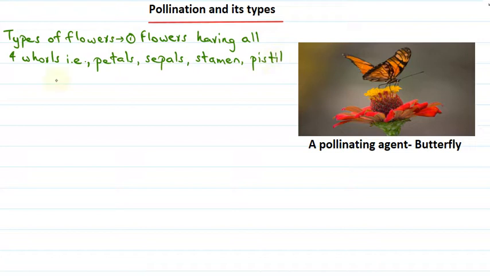The flowers that have all these four parts are called complete flowers. Okay, this is a type of flower called complete flowers.